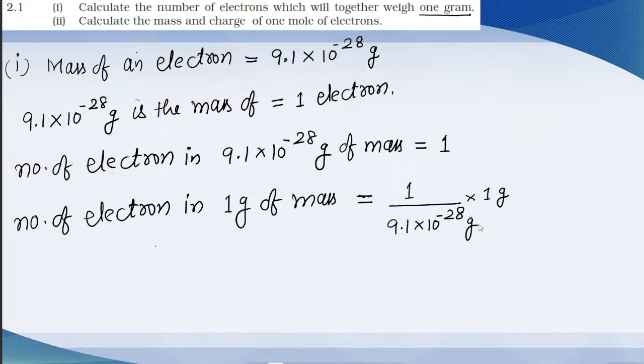Am I right? The number of electrons in 9.1 into 10 raised to power minus 28 gram is equal to 1.